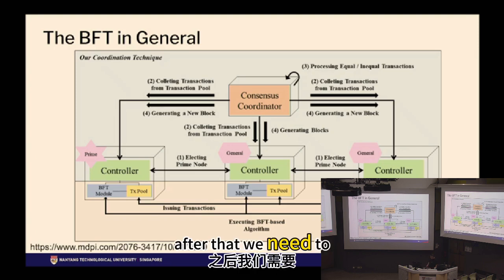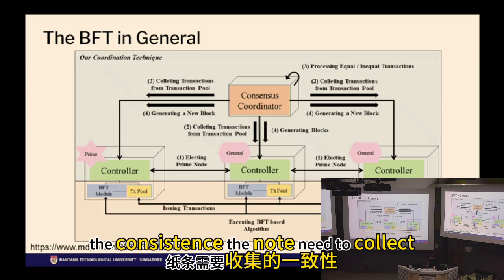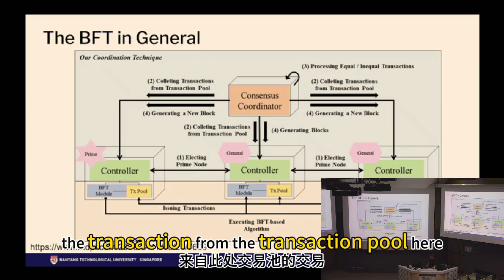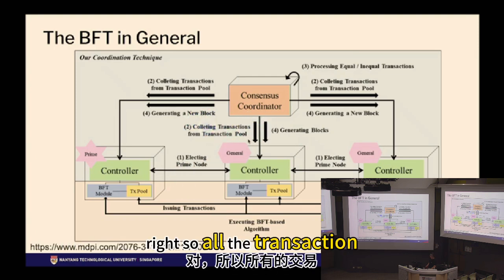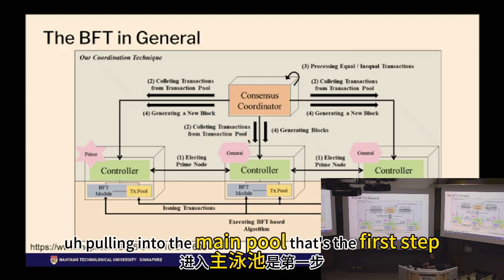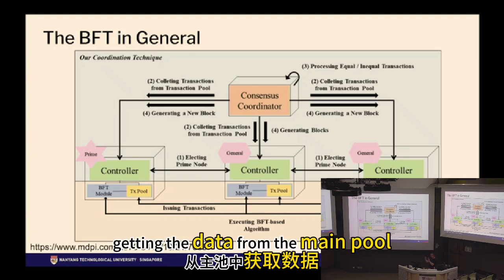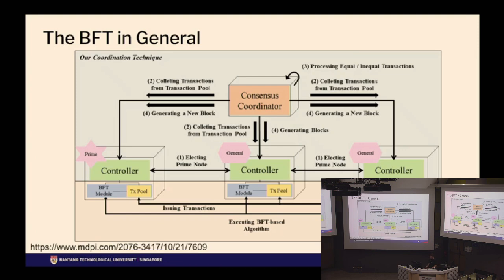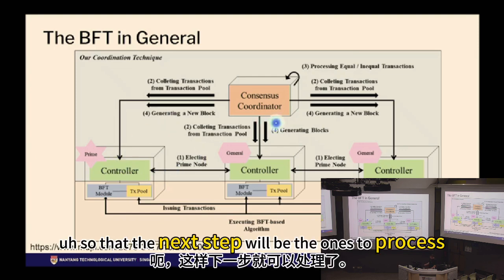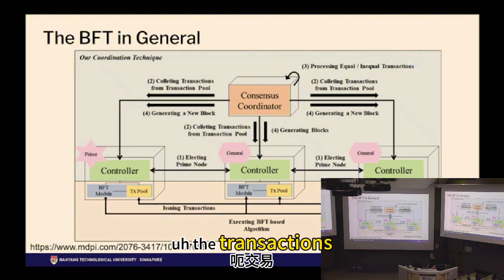After that, the node needs to collect transactions from the transaction pool, right? So all the transactions are pulled into the mempool, that's the first step. And the consensus needs to get the data from the mempool so that the next step is to process the transactions.